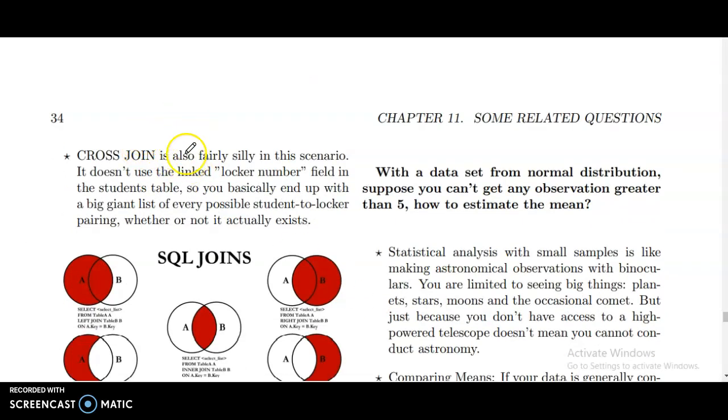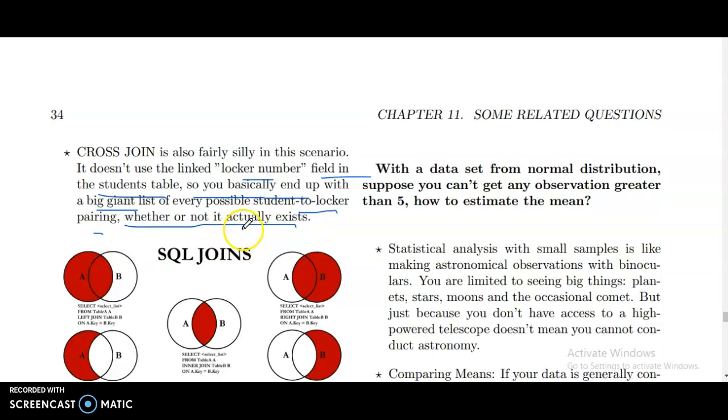Cross join is also fairly silly in this scenario. It doesn't use the linked locker number field in the students table, so you basically end up with a big giant list of every possible student to locker pairing, whether or not it actually exists.